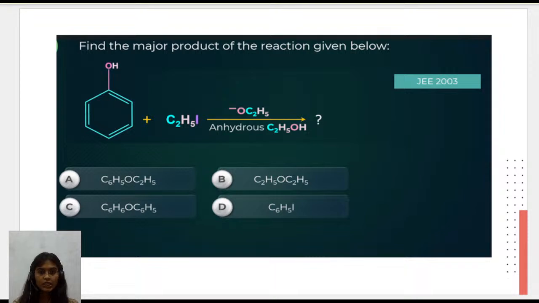A, B, C, D. What is the major product? You know, here you are going to decide which one is an electrophile, which one is a nucleophile, which one is a leaving group. Okay, there is a hint: check it for the leaving group. Maybe then you will know the answer a little bit.